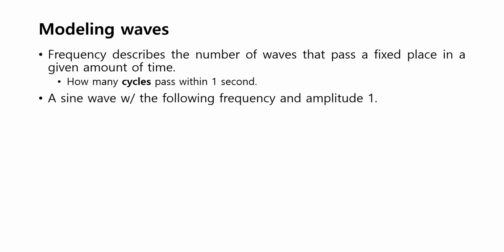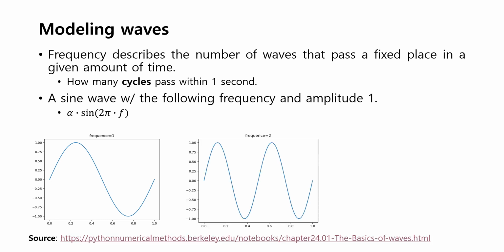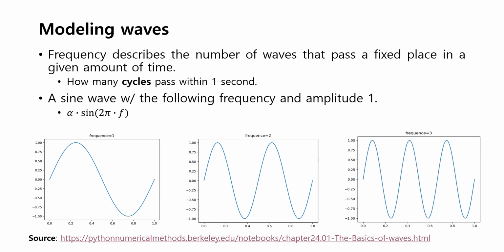And a sine wave with a given frequency and amplitude can be defined as alpha times sine of 2 pi times f, where alpha denotes the amplitude and f denotes the frequency. With frequency 1, this is the sine wave, and with frequency 2, the sine wave, and for frequency 3, the sine wave looks like this.